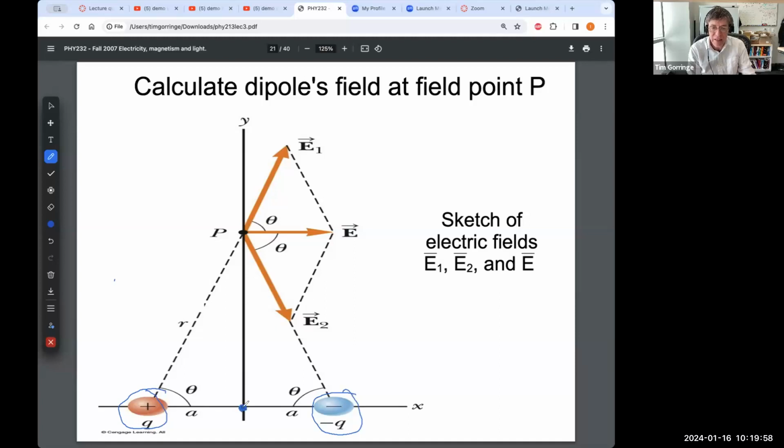So here's x equals 0, the origin. The positive charge is a distance a to the left, and the negative charge is a distance a to the right. So this is the arrangement of charges, and this is a dipole, right? It's made of equal and opposite charges, plus and minus, separated by some distance. The distance here is 2a.